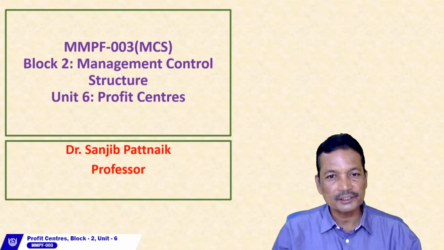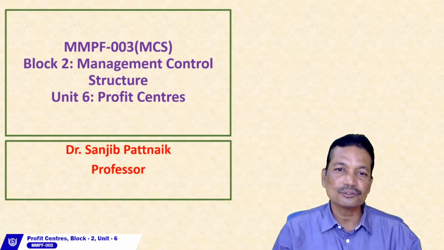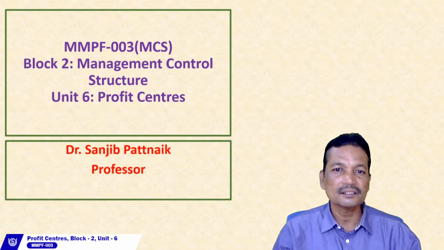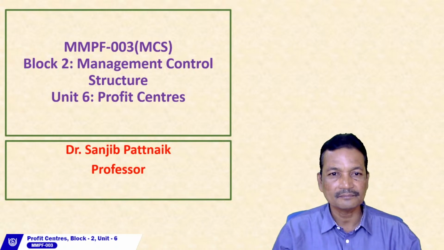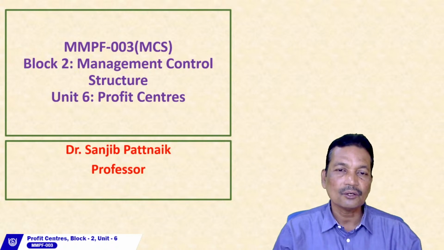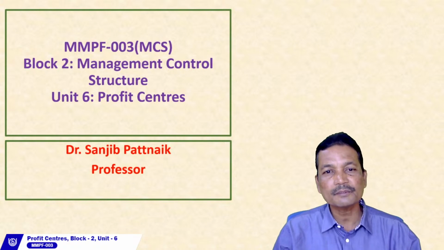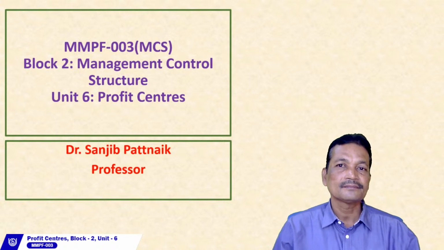So along with authority, the manager also has the autonomy, that means to take decisions by himself. The top management of the organization or the enterprise, or those who are working at the corporate head office, they only supervise the manager's activities.